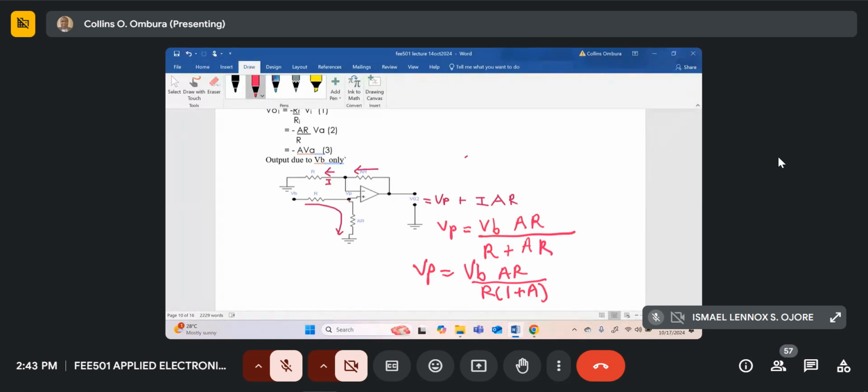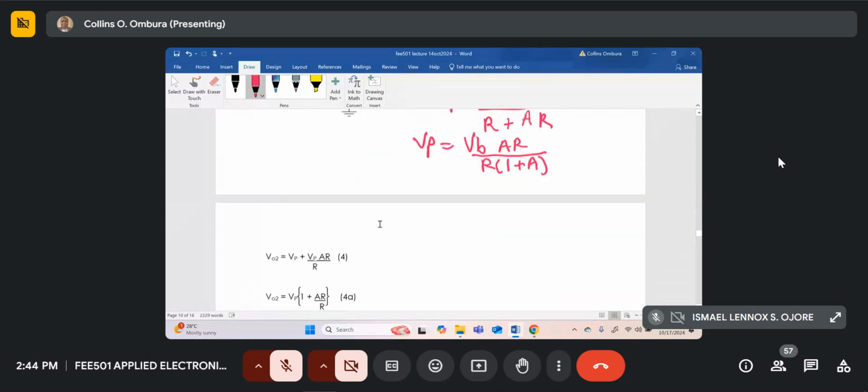Okay, so that's one of the results that we can get. In my notes, I've taken a bit of a shortcut, but you're in fifth year, you can just know that R and AR form a series resistance. So VP would just be the ratio VB times AR divided by R plus AR, which is this form.